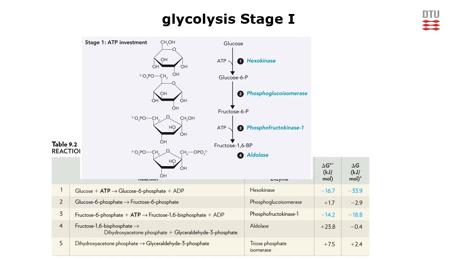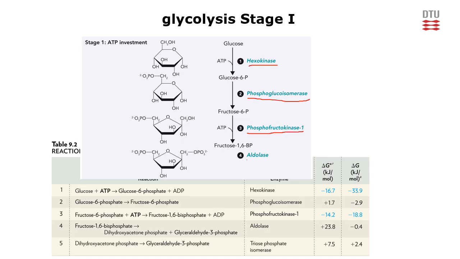So we basically have 5 enzymes. First, we have the hexokinase that phosphorylates the glucose into glucose 6-phosphate. The second step is an isomerase that isomerizes glucose into fructose 6-phosphate. Then we have the phosphofructokinase 1 on the third step that phosphorylates the fructose into fructose 1,6-bisphosphate.